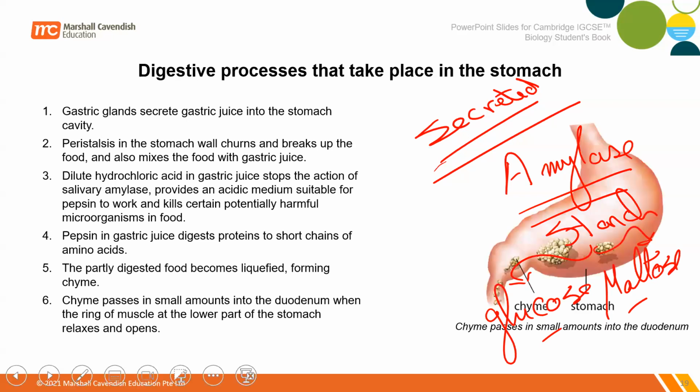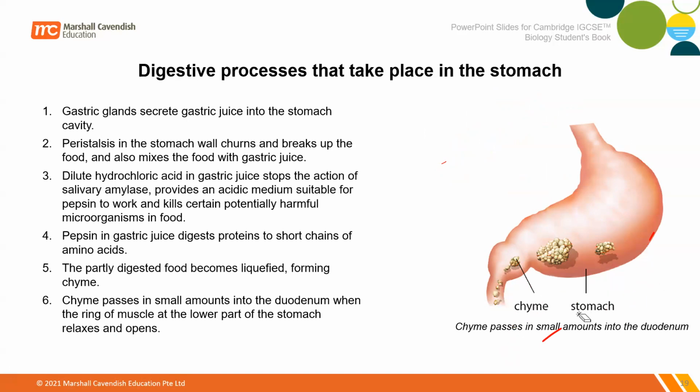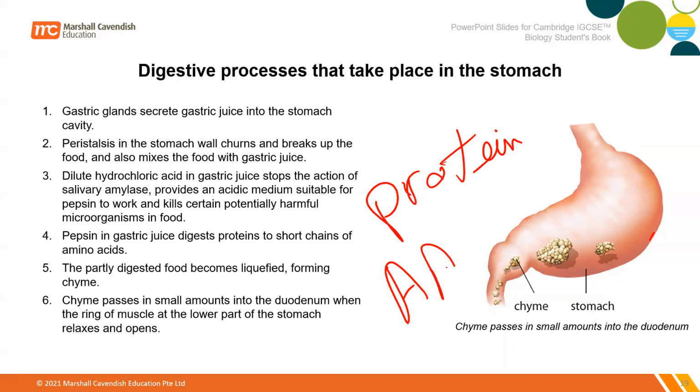Another example of chemical digestion is pepsin inside the stomach, okay? So pepsin inside the stomach will break down any protein structure into amino acids.